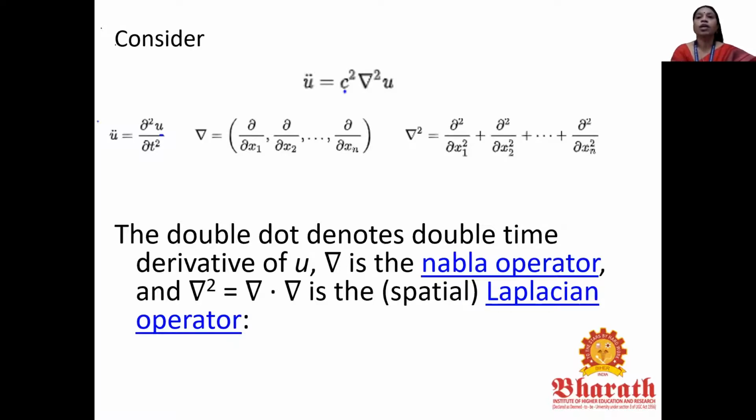So your del square is equal to ∂²/∂x1², ∂²/∂x2², etc. to ∂²/∂xn². So the double dot denotes the double time derivative of u, and del is called the Nabla operator, and del square is equal to del dot del. It is the spatial or the Laplacian operator.